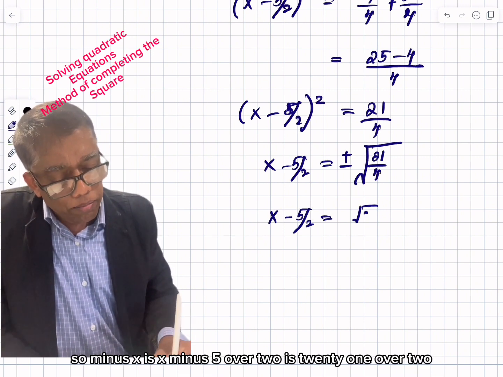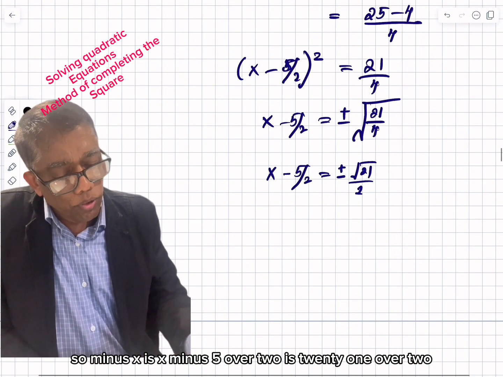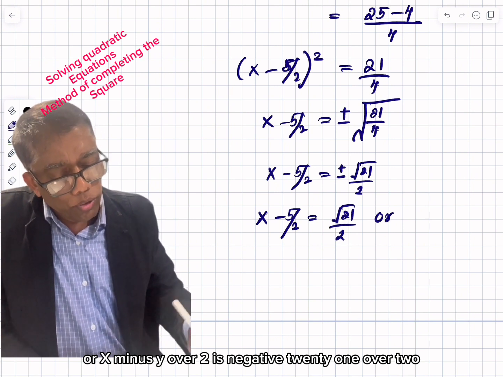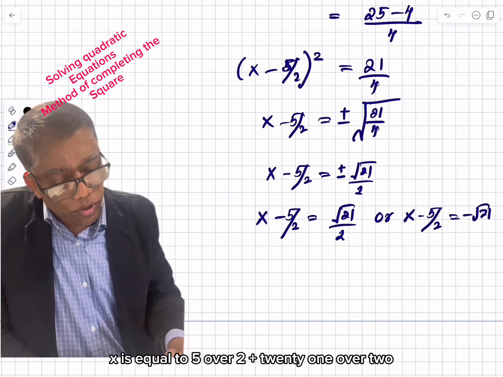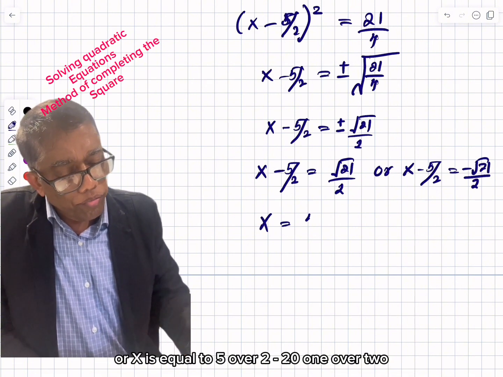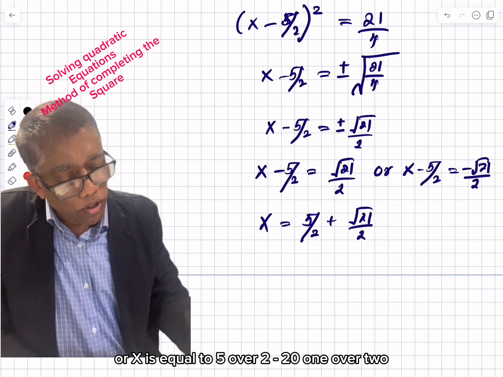x minus 5 over 2 is square root of 21 over 2, or x minus 5 over 2 is negative square root of 21 over 2. x is equal to 5 over 2 plus square root of 21 over 2, or x is equal to 5 over 2 minus square root of 21 over 2.